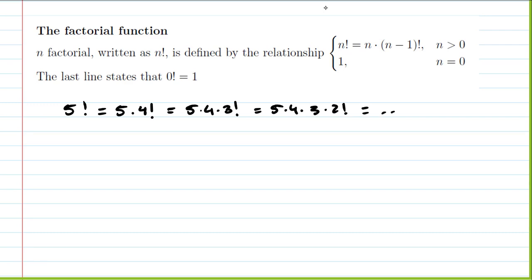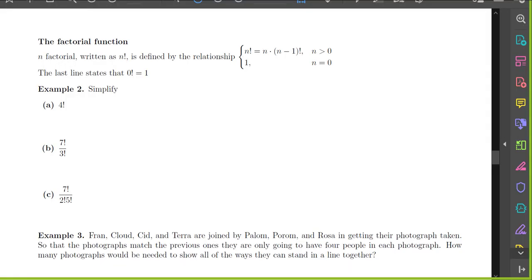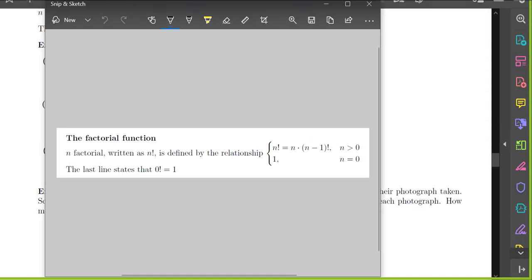It all chains together, so 5 factorial at the end of the day is just 5 times 4 times 3 times 2 times 1, which is what we would expect. But we'll see these partial expansions will have uses, and we will use them sometimes to simplify certain things.